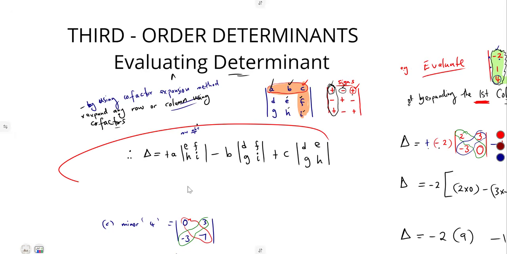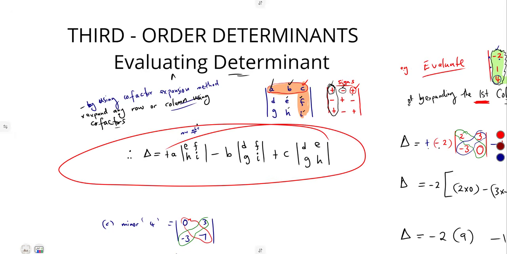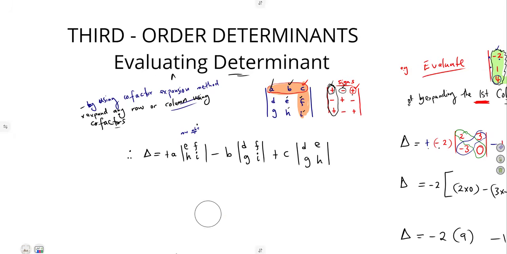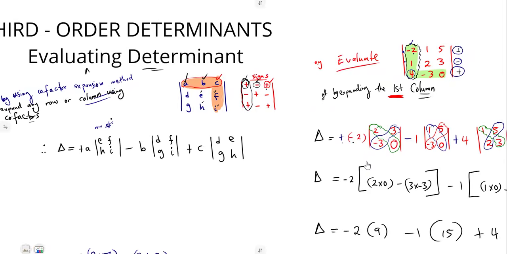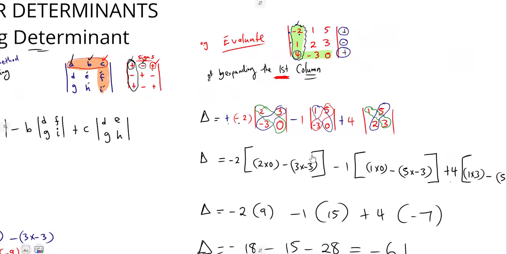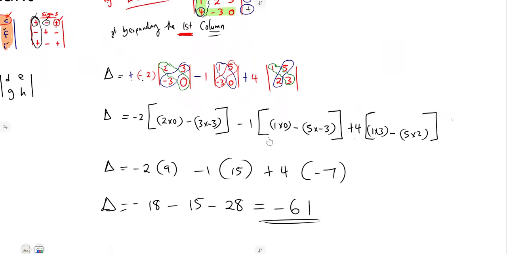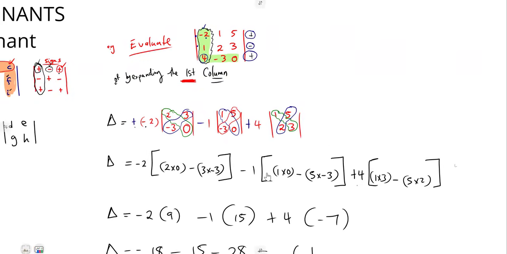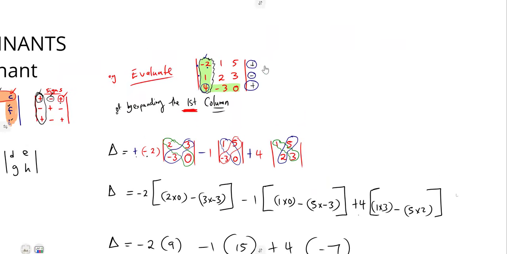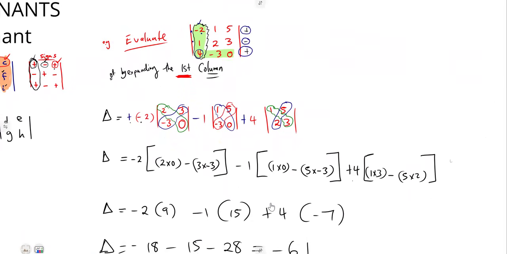So finding of the determinant, you already know how to do that. For a 3 by 3 matrix, which is the third order determinants, we had this example, if you still remember, where we managed to expand using the first row, and we proved by expanding using the first column. So determinant of the third order, you already know how to determine it.